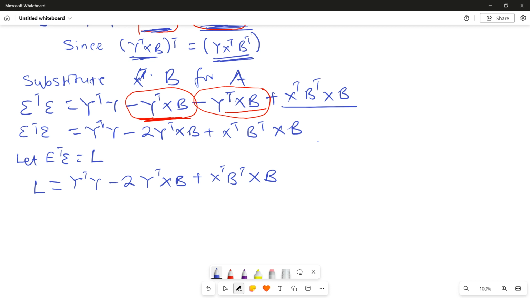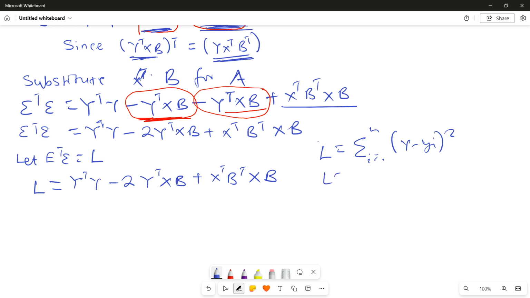Okay, now remember, when we were doing the ordinary least squares, we reached a point where we had L, and we are saying this L is a summation from i equals 1 to n of (y minus yi hat) squared.